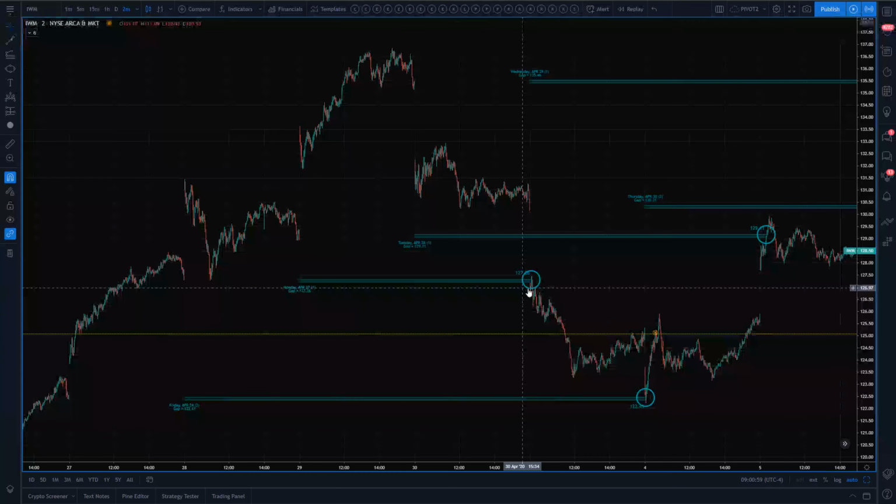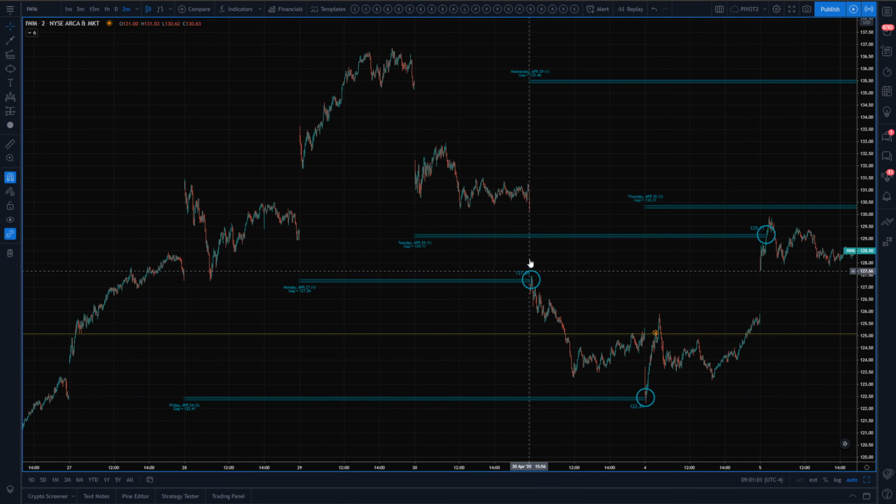There's another instance right here where the price gapped down, went up slightly, backfilled an old gap from this Monday. It looks like it barely missed right here on the April 28th. And this April 27th gap was backfilled.